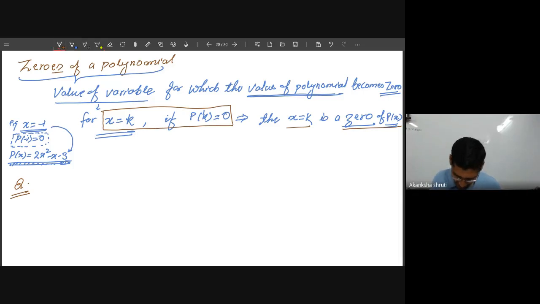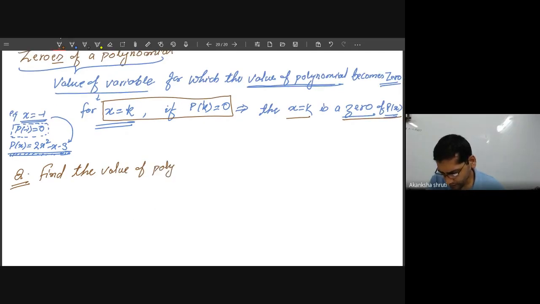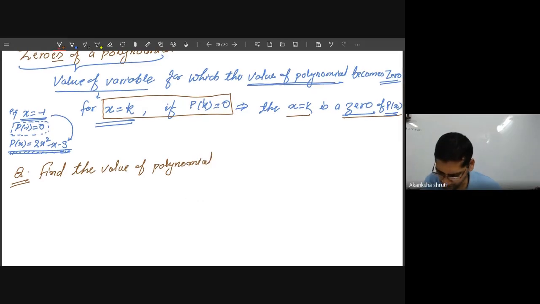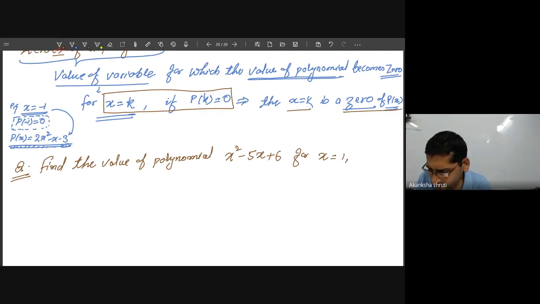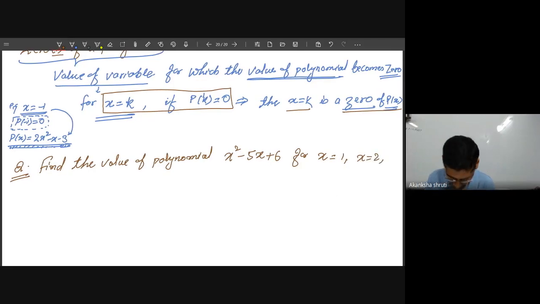Find the value of the polynomial, let us take a simple one, x square minus 5x plus 6, for x equals 1, x equals 2, x equals minus 2, x equals 3, x equals minus 3, x equals 0.